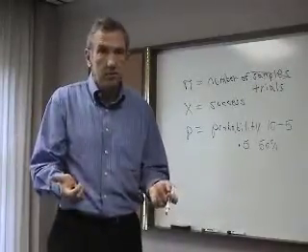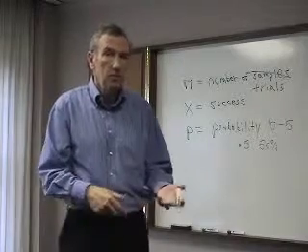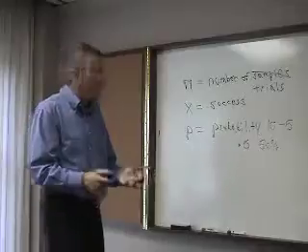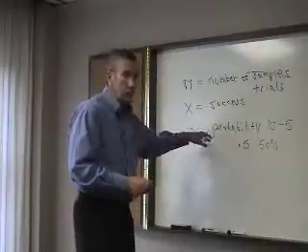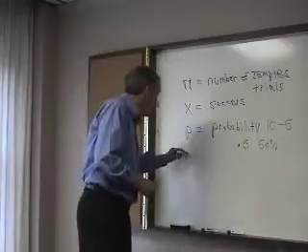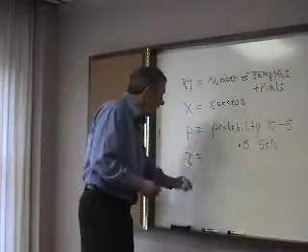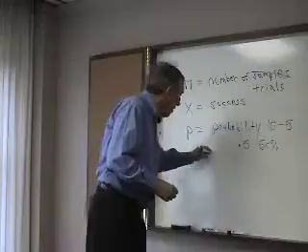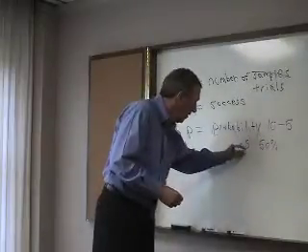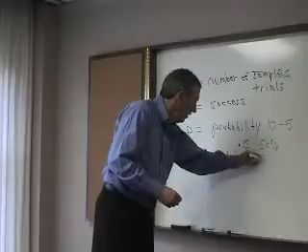That's the underlying probability. You may call one success, one failure, or heads or tails. It doesn't really matter as long as there's this consistent underlying probability. And Q is the probability of failure.